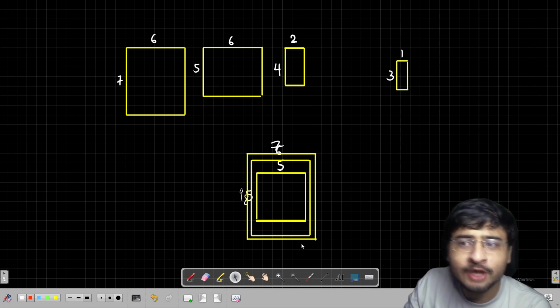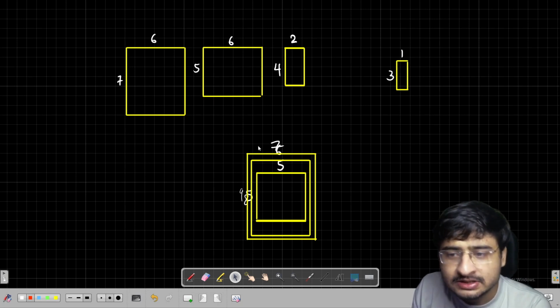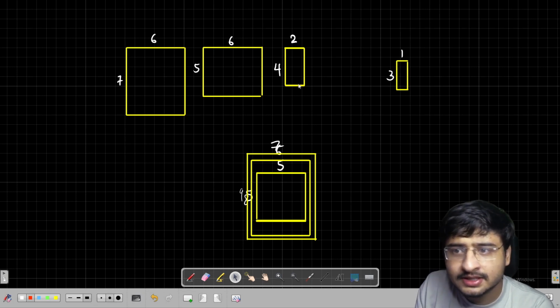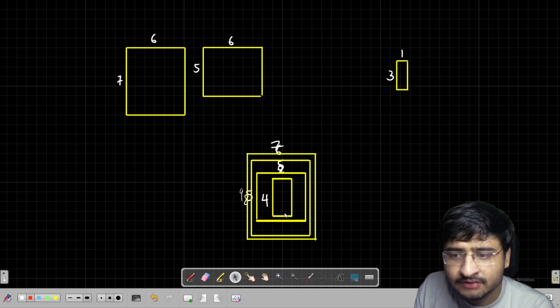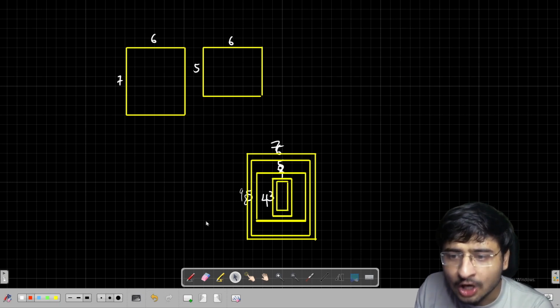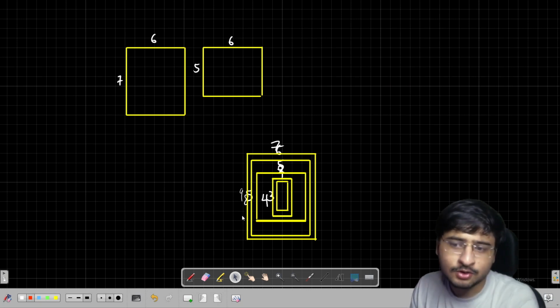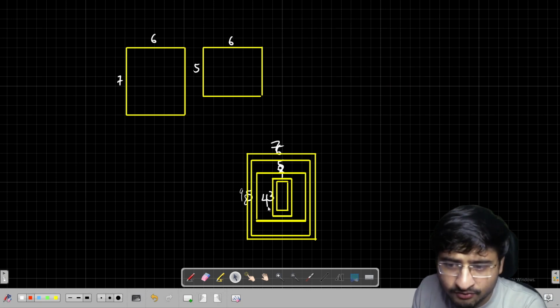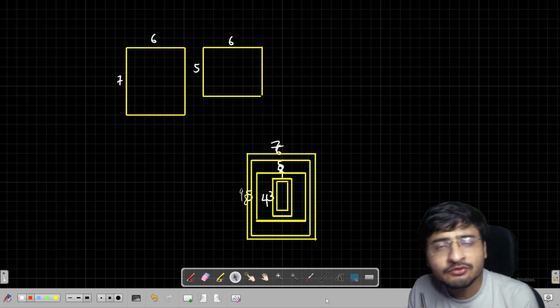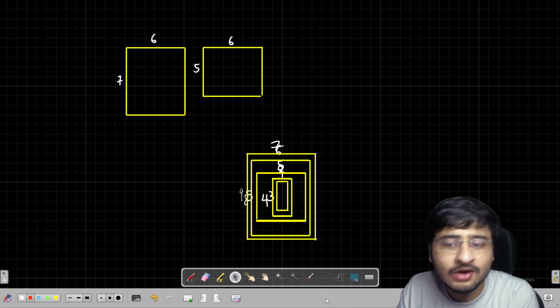I'm not putting two envelopes inside a single envelope. So 7 is having 6, 6 is having 5 inside it. Let's say we put this envelope inside this 5 one, and let's say I'll put this envelope inside this 4 one. So you can see how many envelopes I have put inside one another: 1, 2, 3, 4 and 5. So 5 is the answer for this particular test case, that we can Russian doll 5 envelopes.